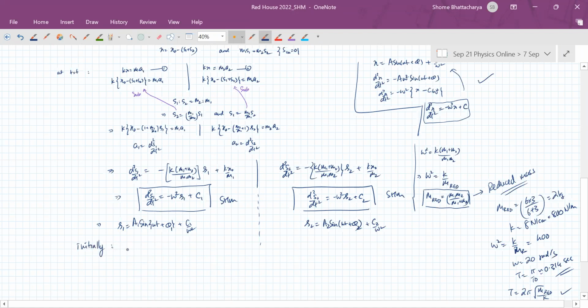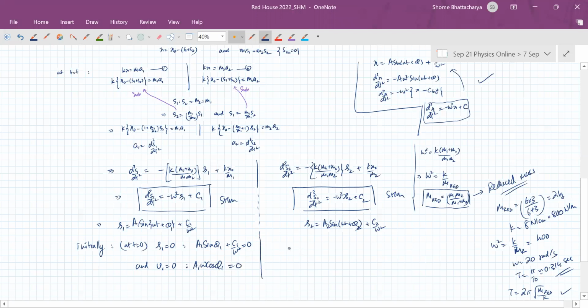we will take the value at t equal to 0. S1 should be 0. So A1 sine phi 1 plus C1 by omega square should be 0. And it starts from rest, so V1 should be 0. So A1 omega cos phi 1 should be 0.